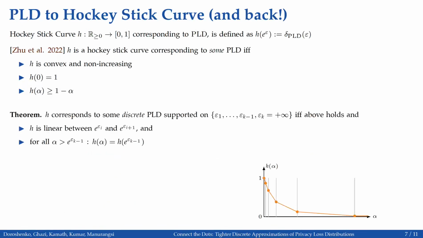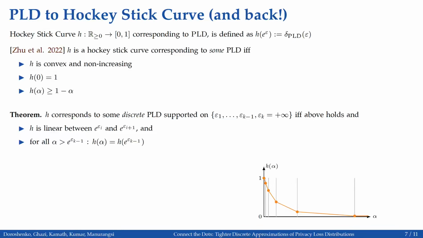We build on this result and show that a hockey stick curve corresponds to a discrete PLD supported on a given set of epsilon values if and only if the same properties hold in addition to two more properties, namely that the curve is piecewise linear, with the anchors being the e to the epsilon values, and moreover the curve is a constant for all values greater than the last finite e to the epsilon value, which is e to the epsilon k minus 1.